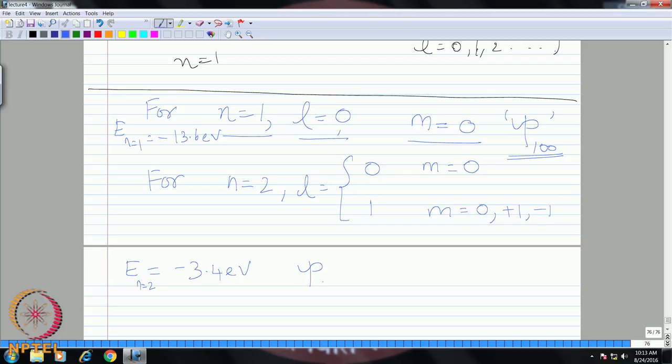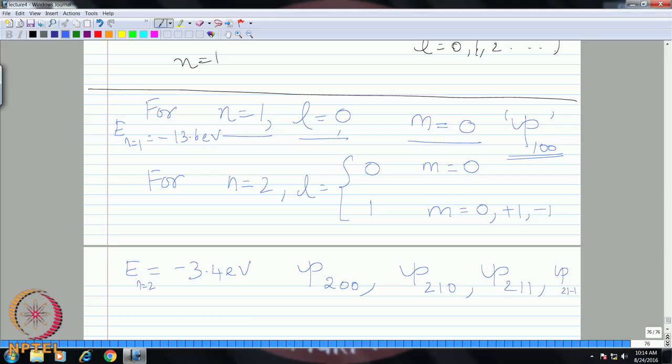So, the possible quantum states are 2, 0, 0, corresponding to n equal to 2, L equal to 0, m equal to 0. Then we have 2, 1, 0, we have 2, 1, 1, we have 2, 1, minus 1.